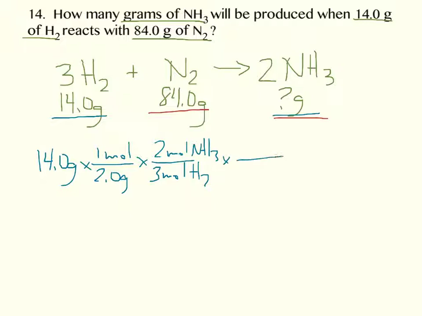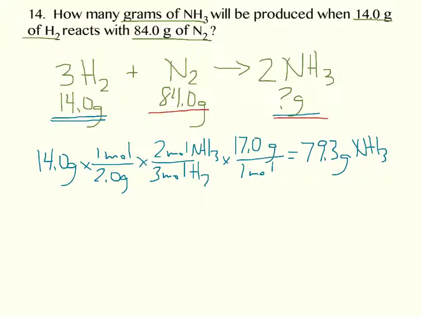I'm looking for grams of ammonia, so 1 mole of ammonia weighs 17.0 grams, 14 for nitrogen plus 3 for the hydrogens, and that will give me a total of 79.3 grams of ammonia. So if I had 14 grams of hydrogen and plenty of excess nitrogen, I would make 79.3 grams of ammonia.